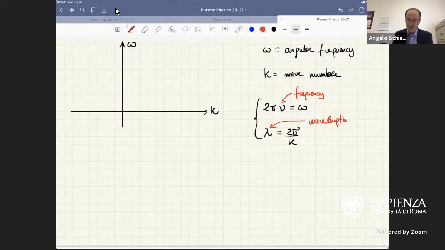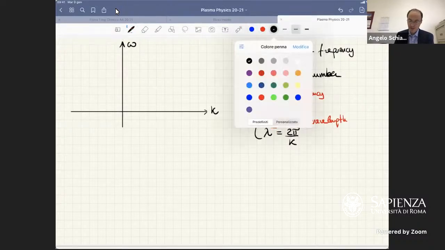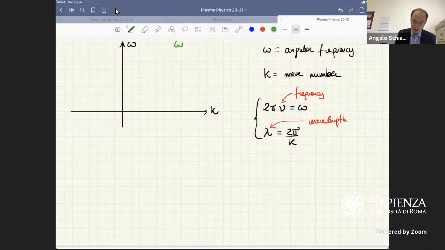Okay, so we have our Fourier transform space here, and let's remember that our dispersion relation is omega equals v times k in this case, and we can write it as the progressive part when v is positive.